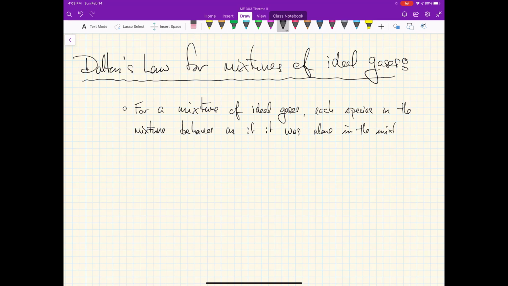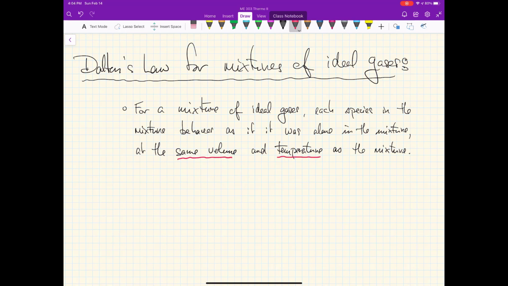To summarize what I've just said: for a mixture of ideal gases, each species, each individual component in the mixture, behaves as if it was alone in the mixture, at the same volume and temperature as the mixture.